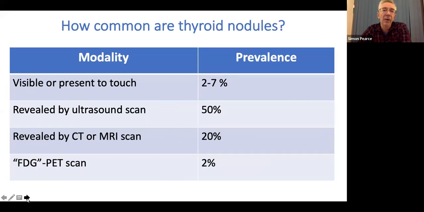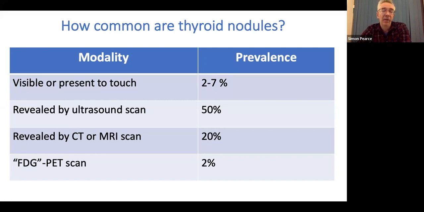So how common are thyroid nodules? It really depends on how you look. If you just look at someone, you can sometimes see a moderate to large size thyroid nodule. And if you feel someone's neck with your fingers, roughly 2 to 7% of people will have a thyroid nodule, either visible or, we say, palpable, present to touch.